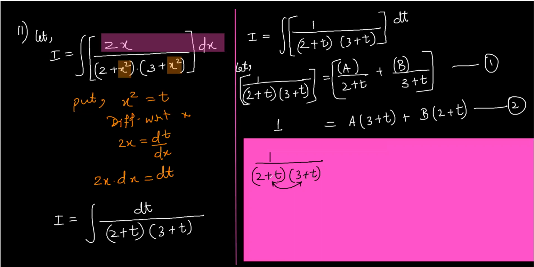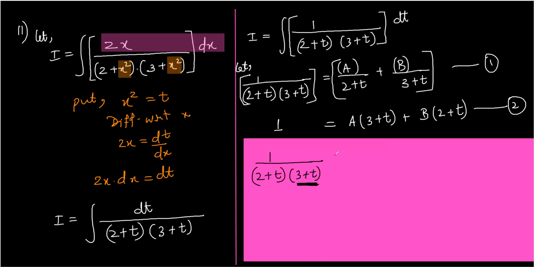You should be able to know the difference between the two fractions. What is the difference? The second fraction is 1 more than the first fraction. It is t plus 3, it is t plus 2. So this is 1 more.